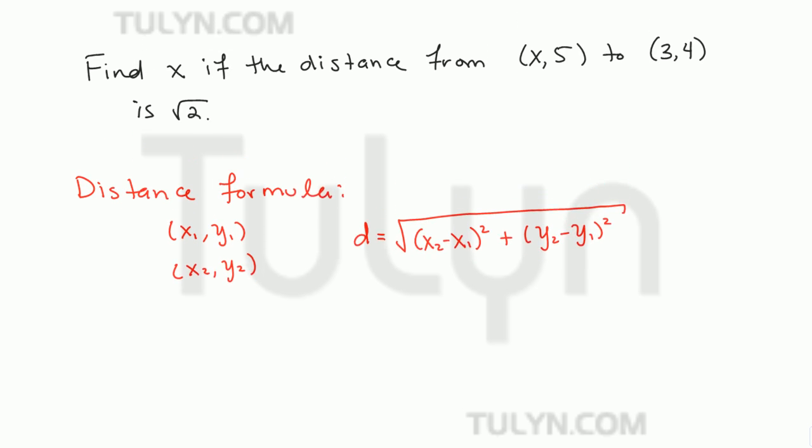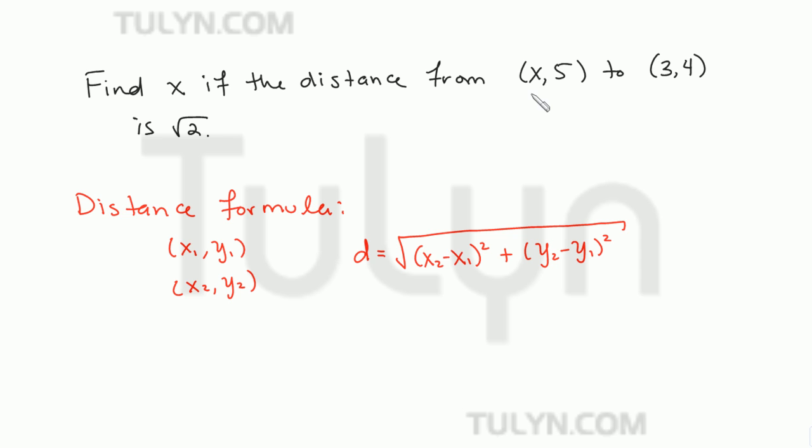So now we just plug in what we know. So let's let x, 5 be our x1, y1, and 3, 4 be our x2, y2. And since the distance between those two points is square root of 2, then this is going to be our d.